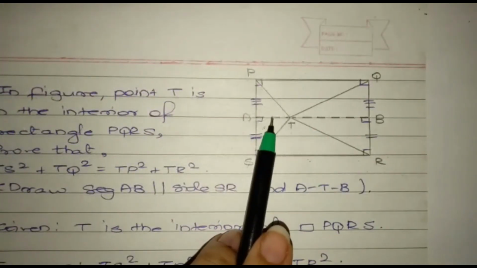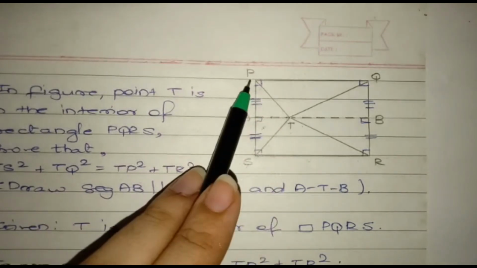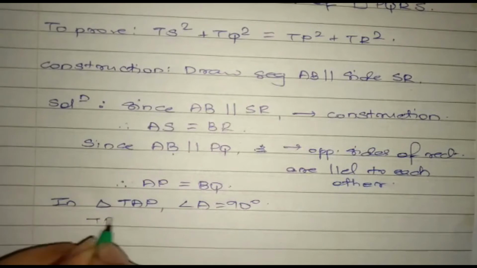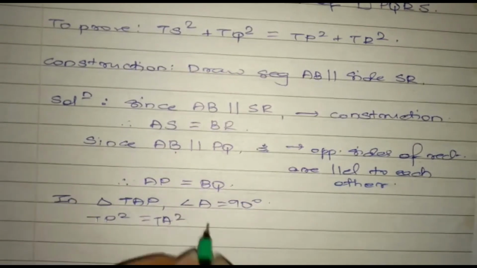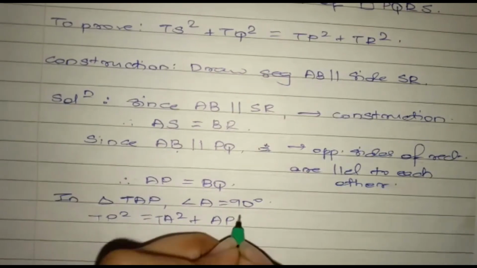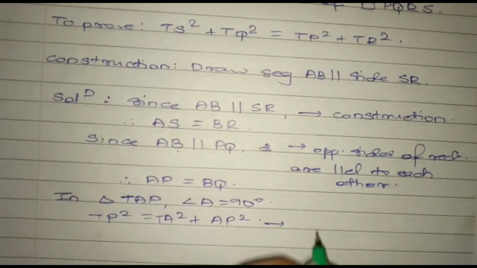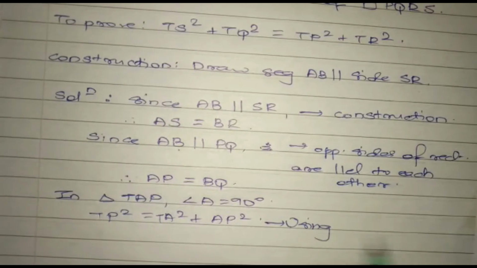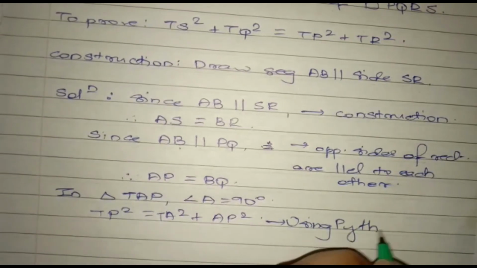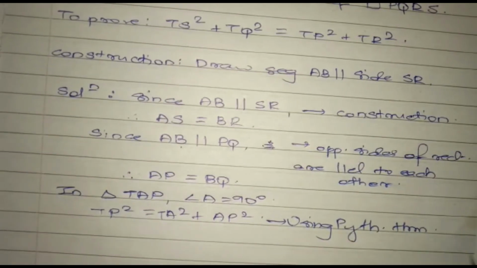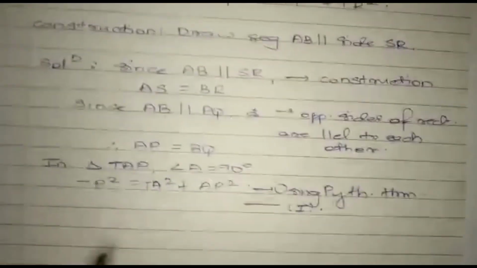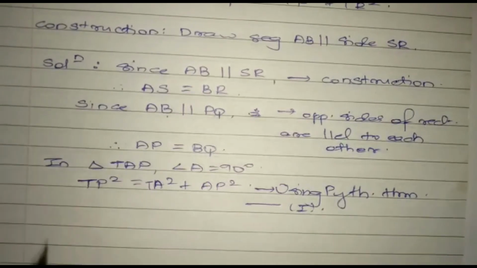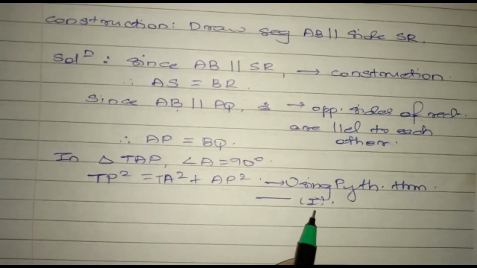Therefore, we will apply the Pythagoras theorem to this, that is, TP square is equal to TA square plus AP square, using the Pythagoras theorem. Okay, we will consider this as equation 1 because we need this in the future.